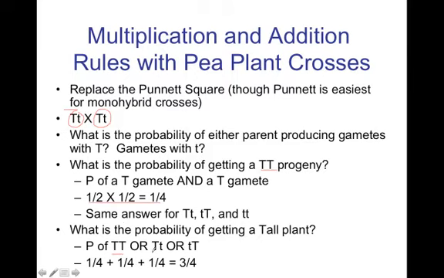Or the probability of getting big T is 1/4, or the probability of getting a little t, big T is also 1/4. And so when we add these together, because again, these are OR events, we can't have all three of these happening at the exact same time, so they're mutually exclusive. So we add them together and we get 3/4. Now, of course, if we did a Punnett square over here on the side, you would see it's the exact same, we'd get the exact same results.